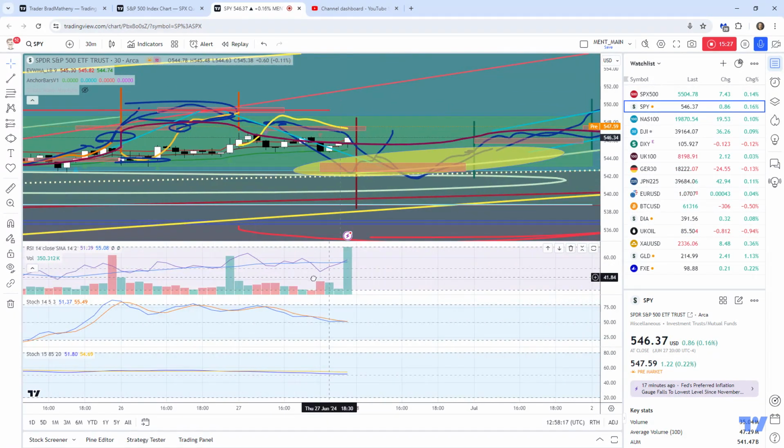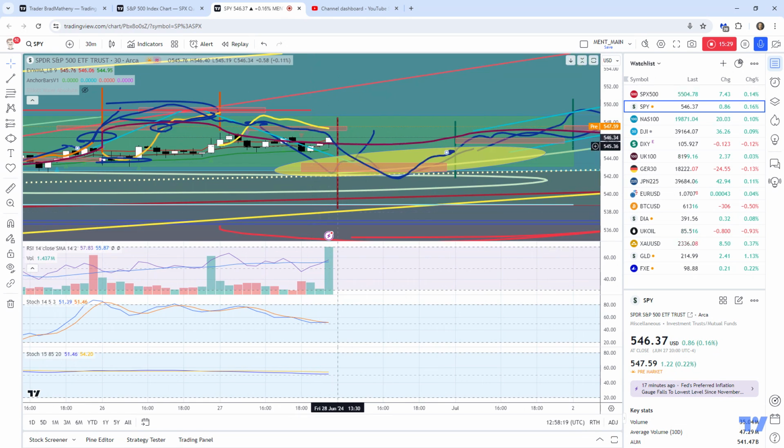So again, looking over here, if we get that big sell off today and end up down below 543, then look for the base, look for the rolling bottom with the higher lows, and then we might see some sort of a squeeze, might be quite aggressive at the end of the day.